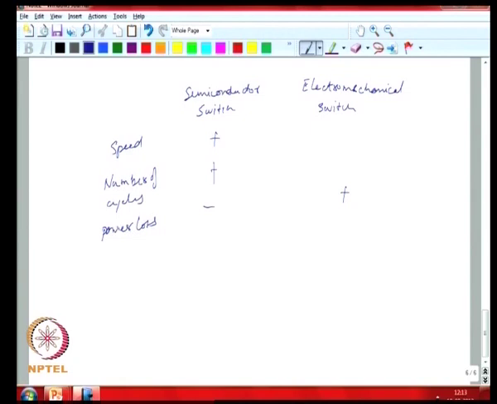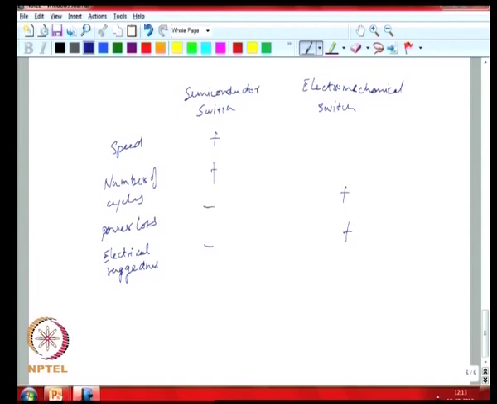If you look at it in terms of electrical ruggedness, your electromechanical switch can take much more abuse in terms of surge current, surge voltages, etc., compared to a semiconductor based device. So there is definitely advantage of electromechanical compared to the semiconductor based switch in terms of electrical ruggedness.